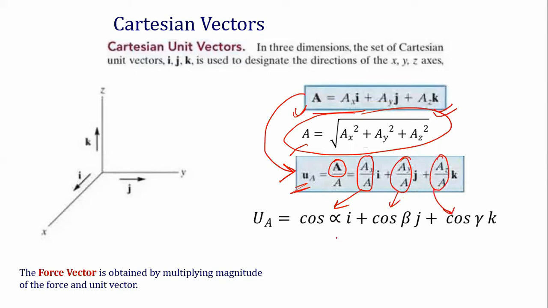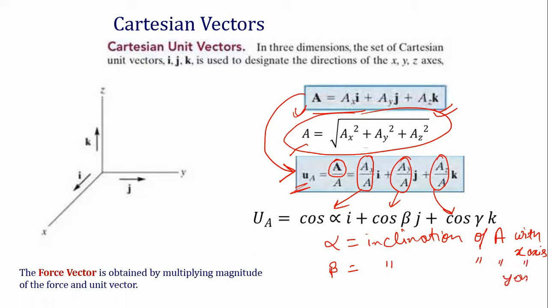So if you want to find out alpha, what is alpha? Alpha is the inclination of vector A with the x axis. Or if you are asked in the question to determine the inclination of this force vector with the y axis, then this beta will give you that answer.